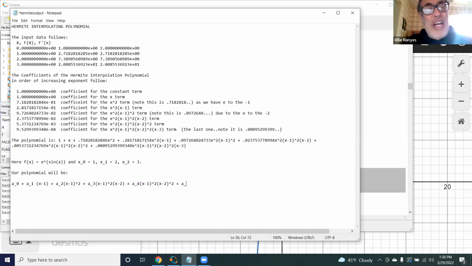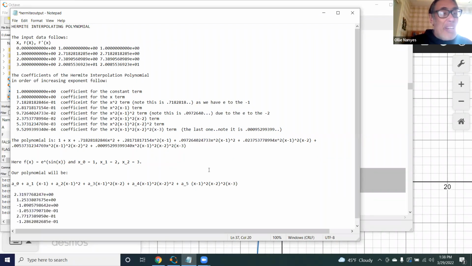Then here's our last one, x minus 1 squared, x minus 2 squared, and our last node is 3, and that only gets power 1. So now we copy our coefficients, and this is our program output.